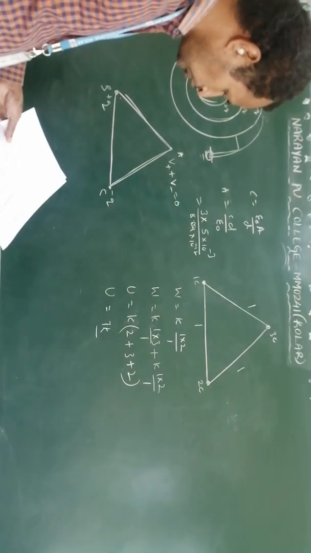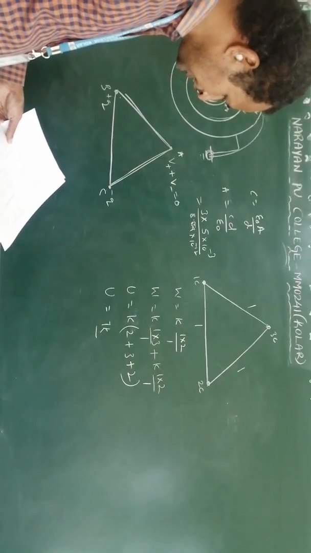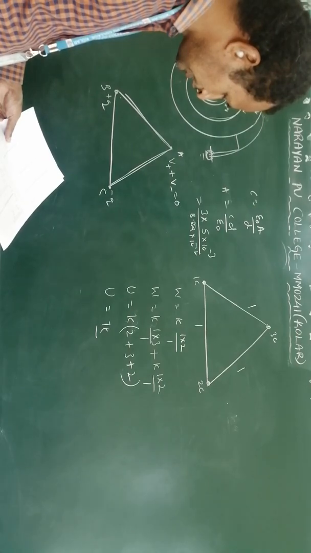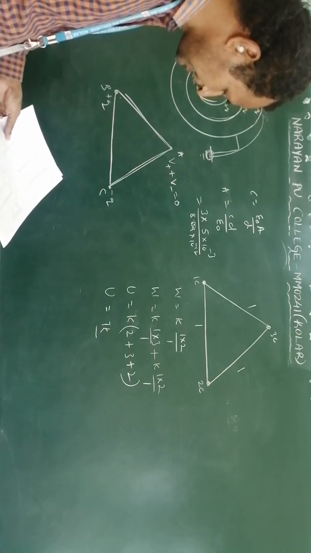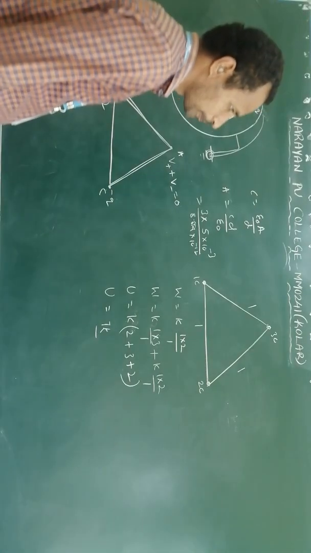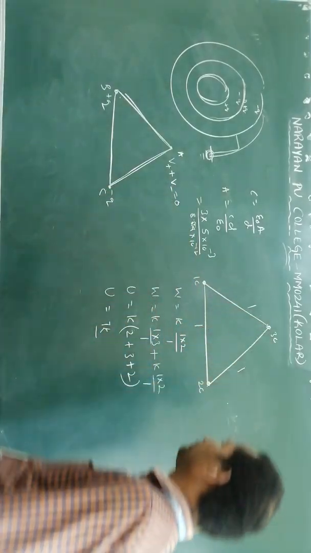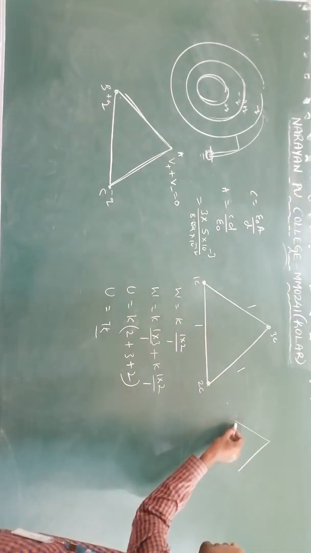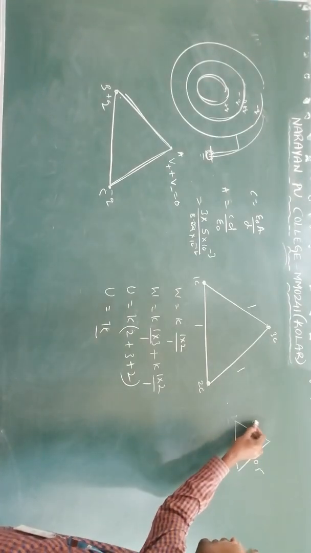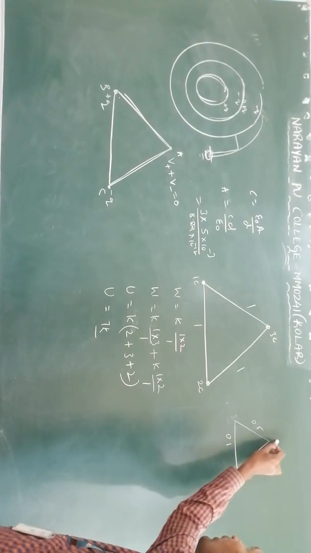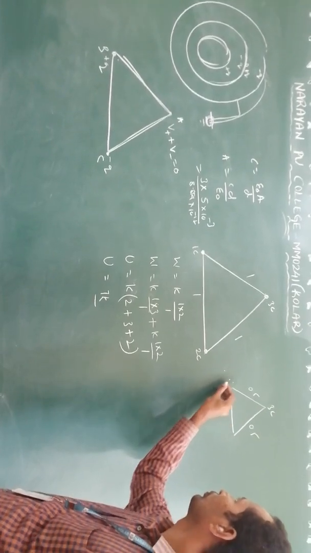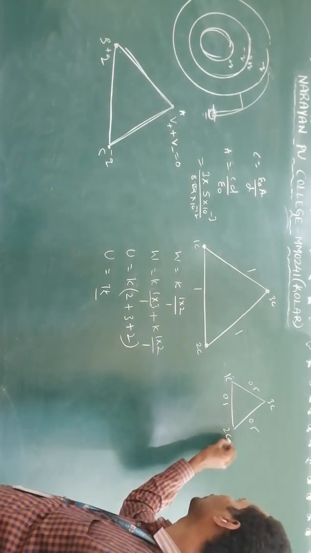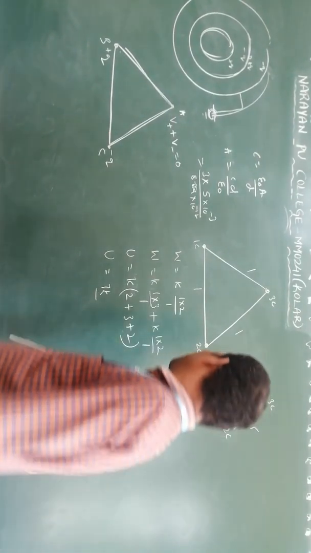Now the work done in bringing the 3 charges to the vertices of a similar triangle of side 0.5. Clear? Next, like this, 0.5, 0.5, 0.5. Same configuration, same interaction.